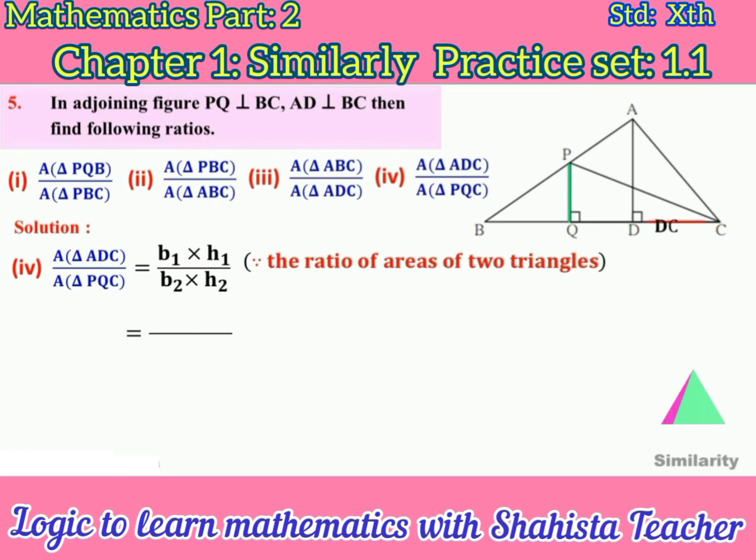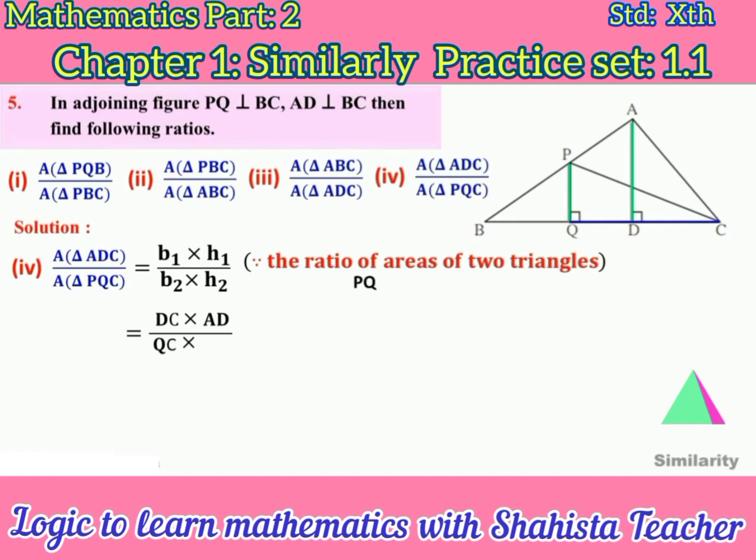Here DC is the base, so DC multiplied by AD. DC is the base, red color and green color. QC is again base 2, so QC multiplied by PQ.